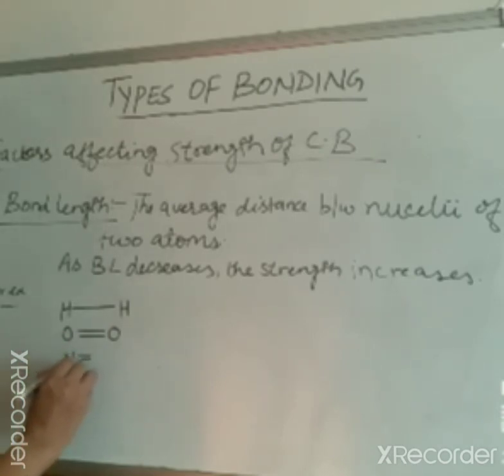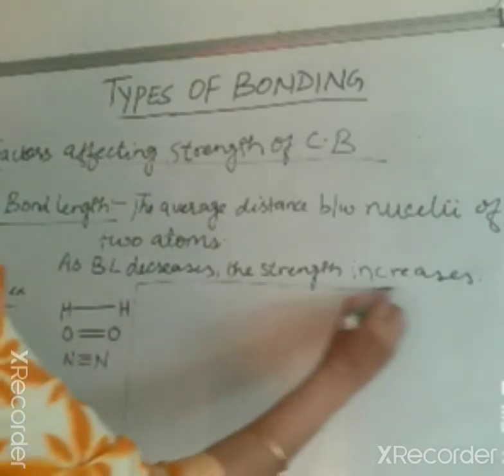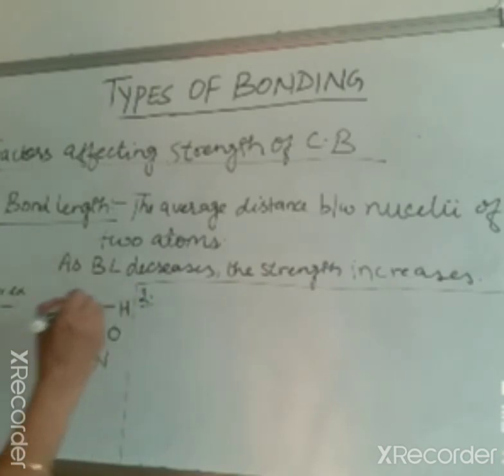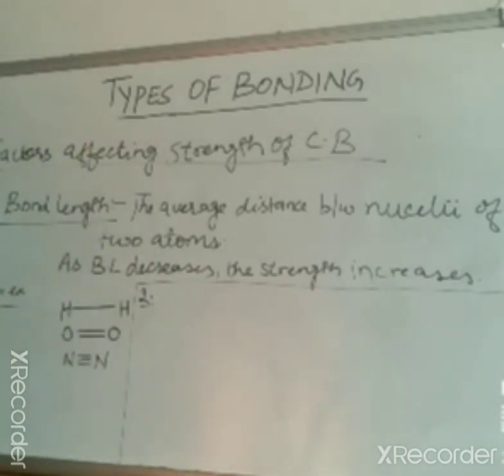Now in this case, as you see, as bond length decreases, the strength of covalent bond increases. Second factor which affects the strength of covalent bond, it has only one factor which affects the strength of covalent bonding.